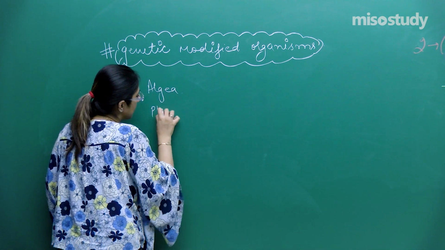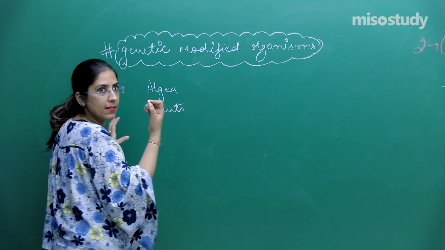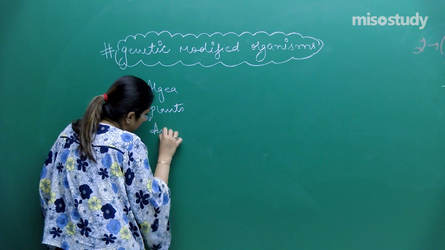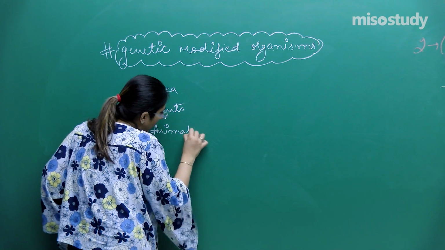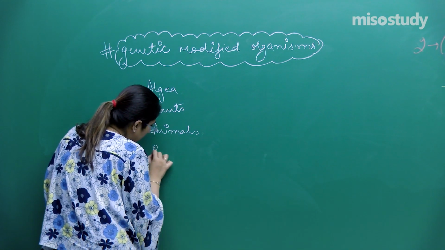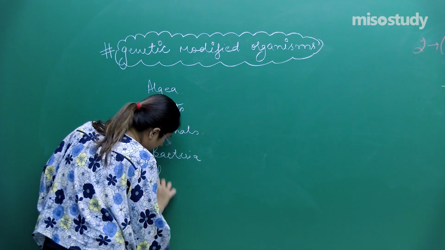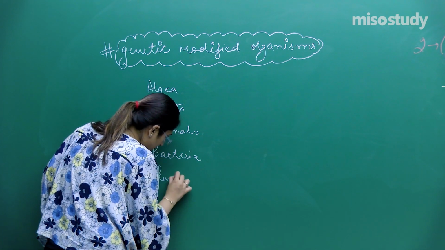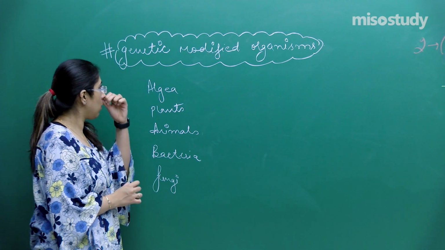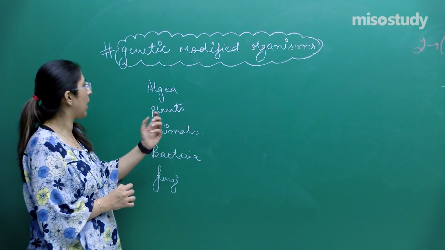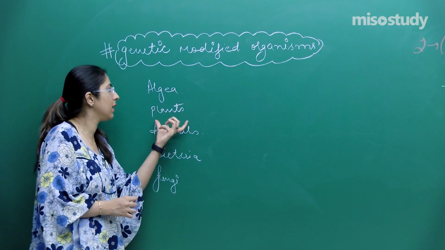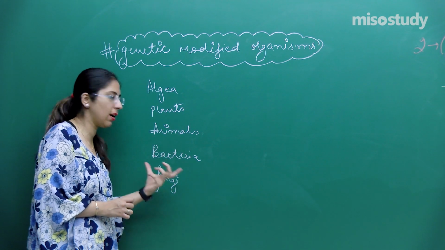Some plant cells, some animal cells, or bacteria, or this could be fungi, right? So what are the genetically modified organisms? This could be algae, plant, animal, bacteria or fungi.